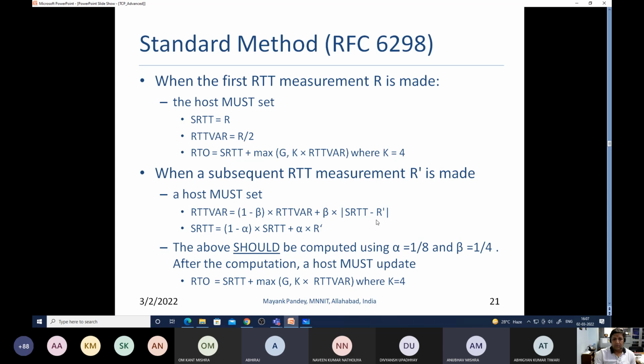And SRTT would be 1 minus alpha into SRTT plus alpha into R dash.